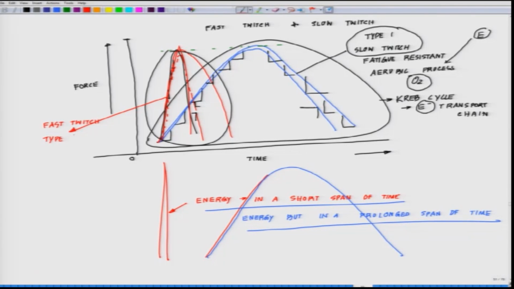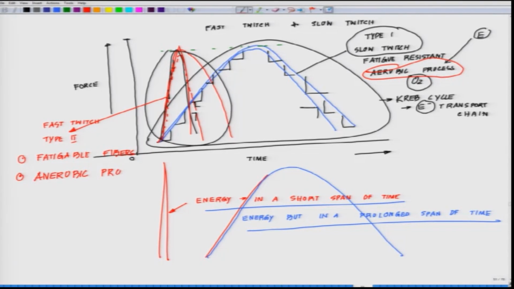These are basically fatigable fibers and derive most of their energy, unlike aerobic processes out here, by anaerobic processes, because they need a huge amount of energy.